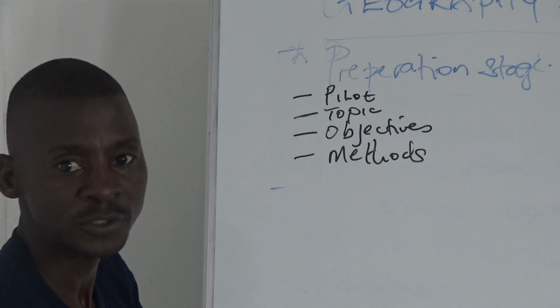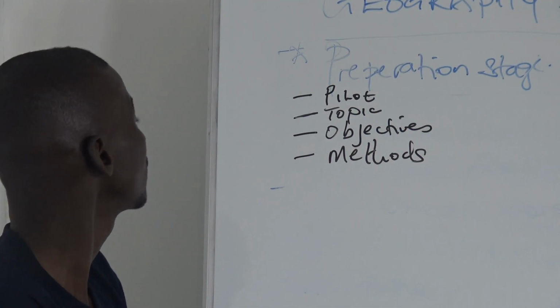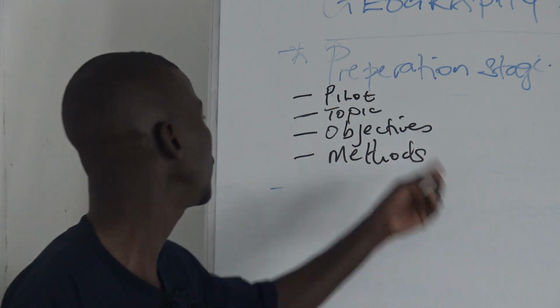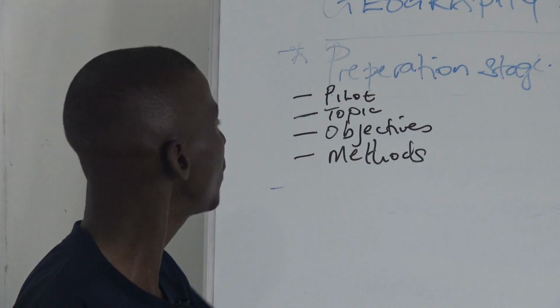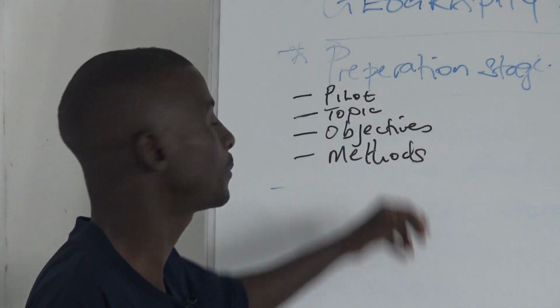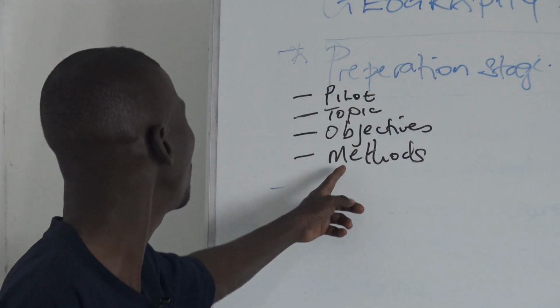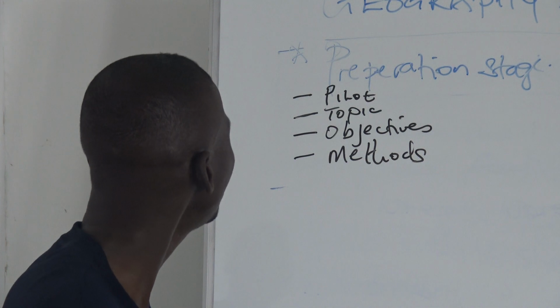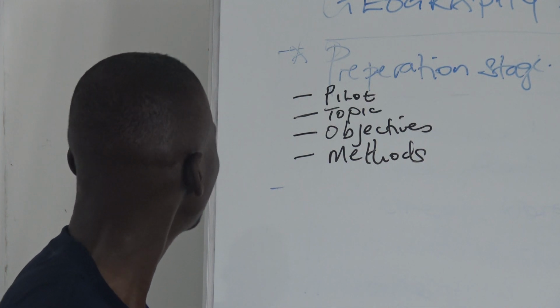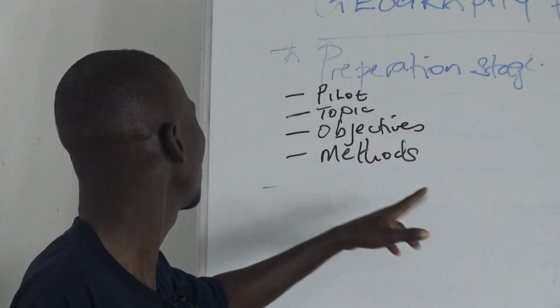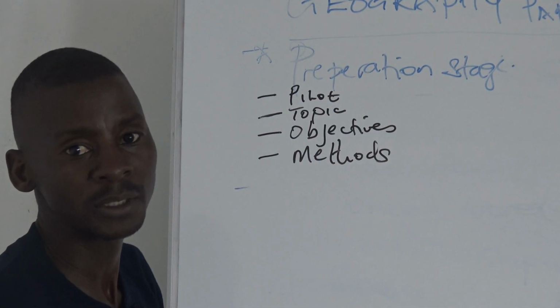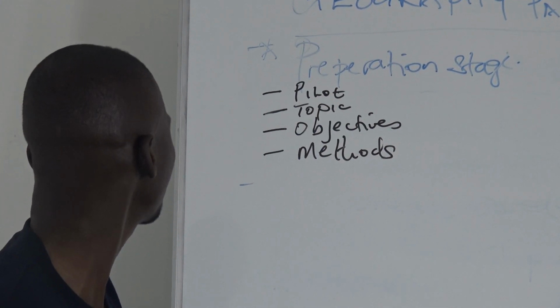As you have seen in several different examinations, sometimes you are required to explain the pre-field preparations. Where you are required to explain the pre-field preparations, you need to know that there are four: the pilot stage, the topic, the objectives, and methods of data collection.